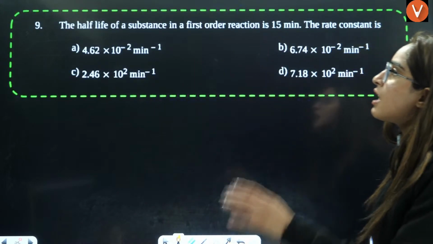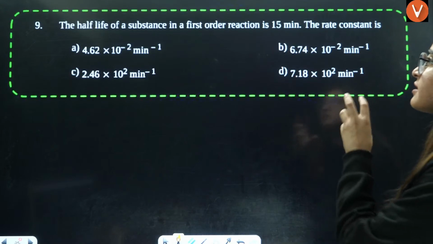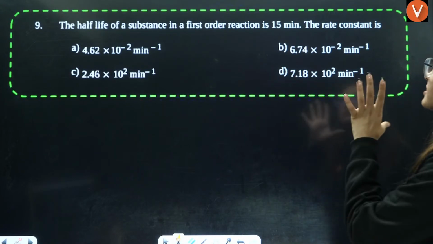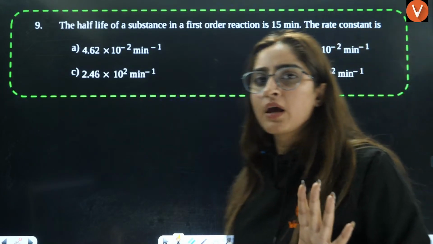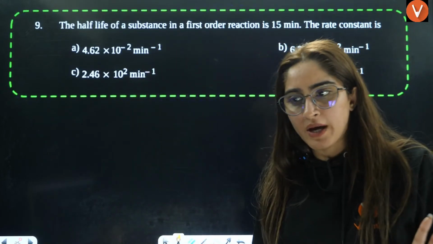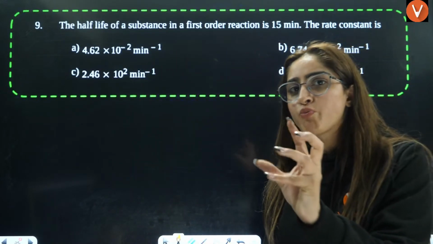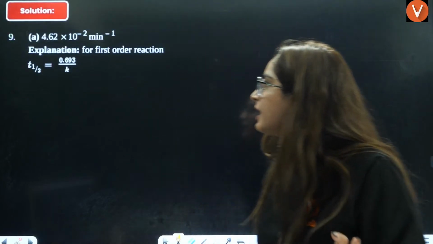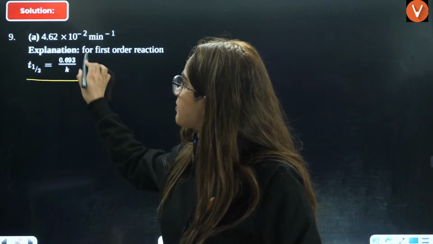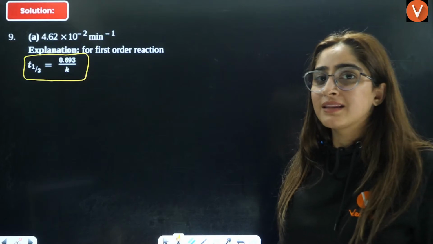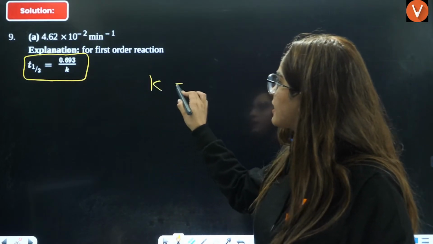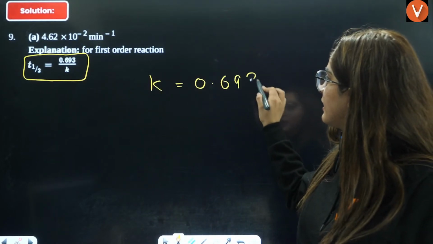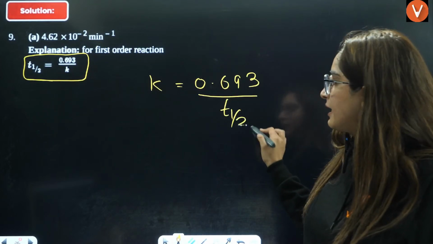Next question is, the half-life of a substance in a first order reaction is 15 minutes. Find the rate constant. So directly it is a formula based question, right? T half is equal to 0.693 divided by K. They are asking you the value of rate constant, that is going to be 0.693 divided by T half.